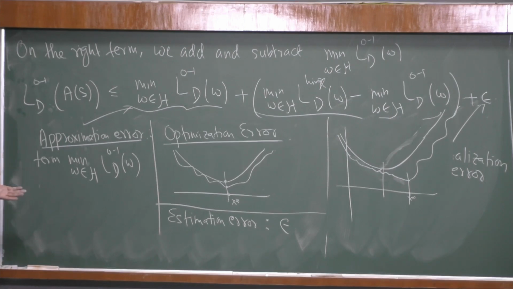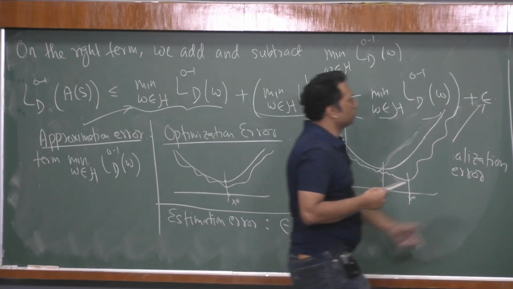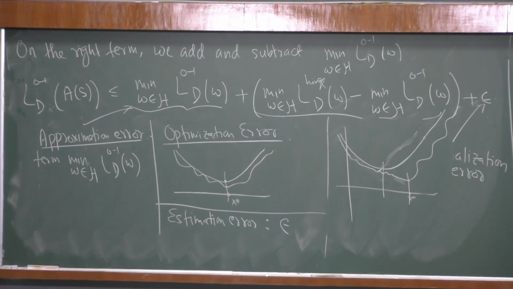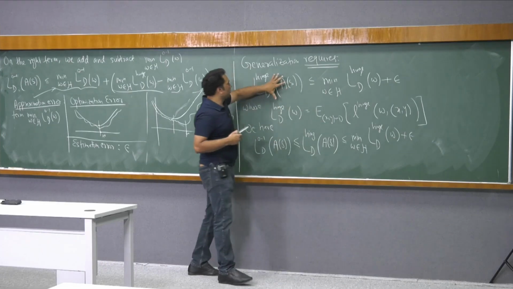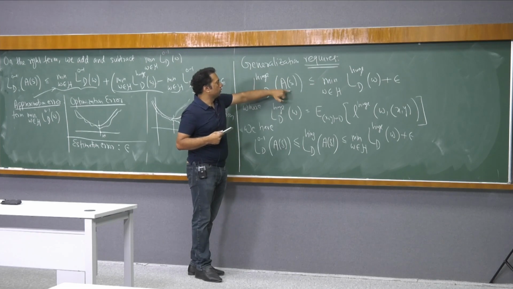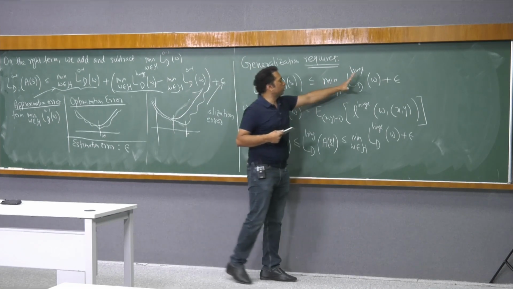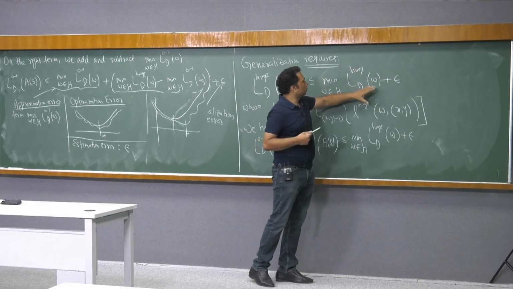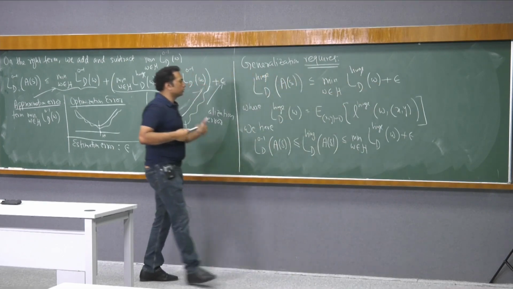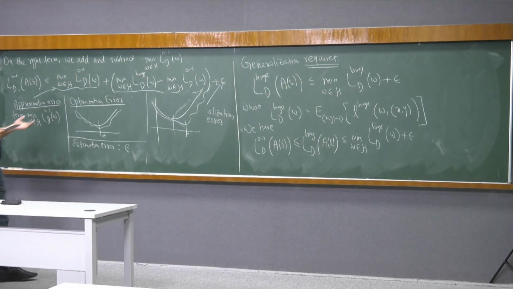So basically, estimation error is the error caused by the fact that we only receive the training data, and based on the training data, we see how much it generalizes. So that's the same epsilon. I got some loss on the training data, and then I see how bad I did compared to the actual loss. So that's the estimation error, or I can also say generalization error, with respect to the hinge.